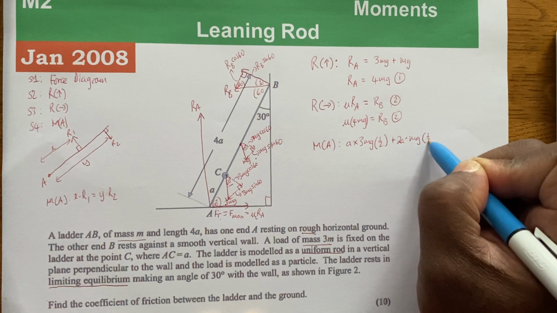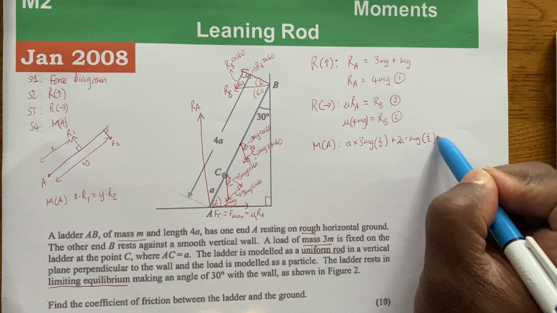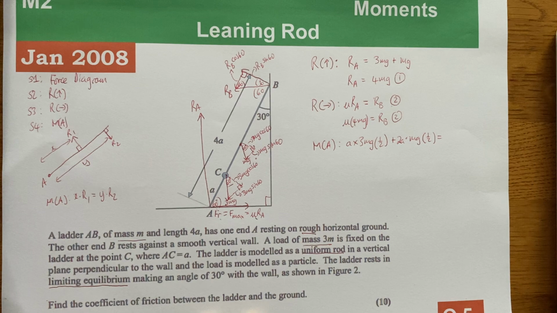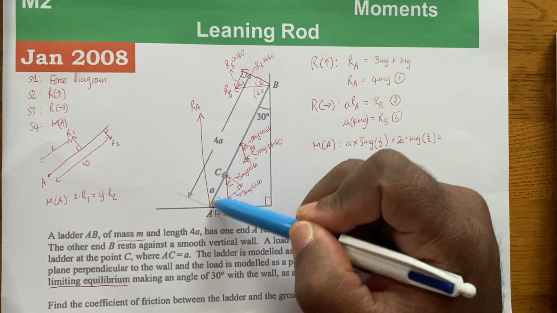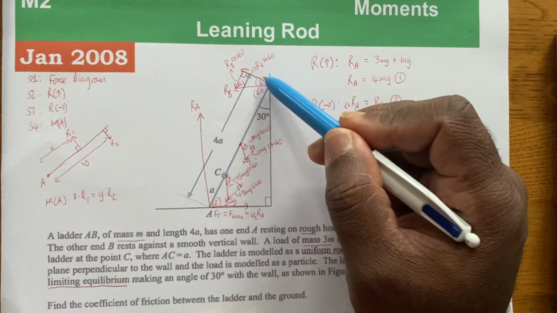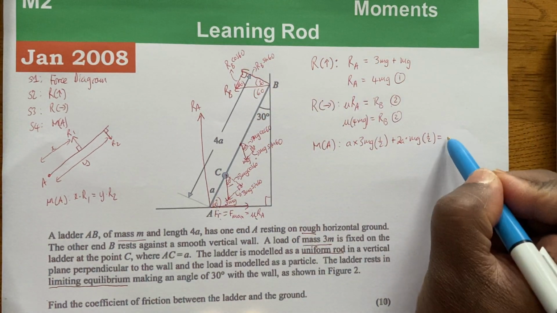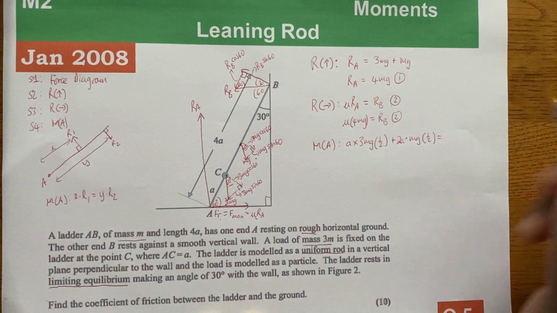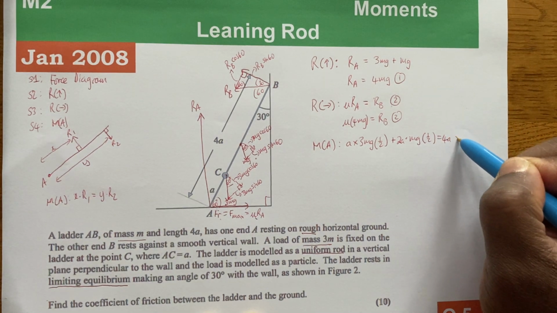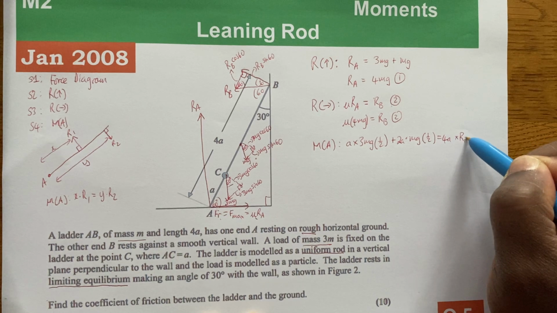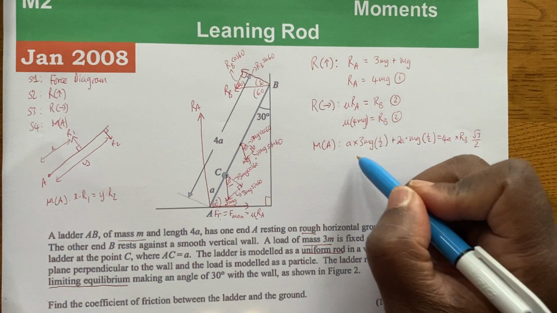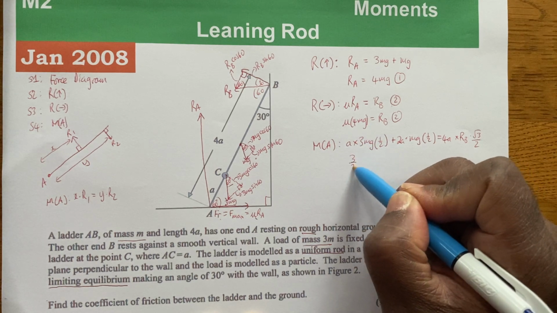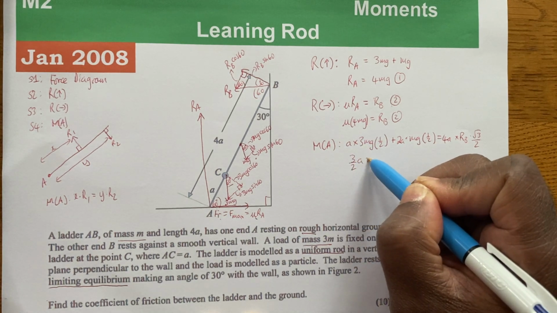And again, cos 60 is a half. So that will sum to give us the forces acting in a clockwise direction, and then the forces acting in an anti-clockwise direction will be this component. So it'll be that distance here, 4a times RB sin 60. So that will equal 4a times RB sin 60, of course, is root 3 over 2. Simplifying, we have 3 over 2 amg.